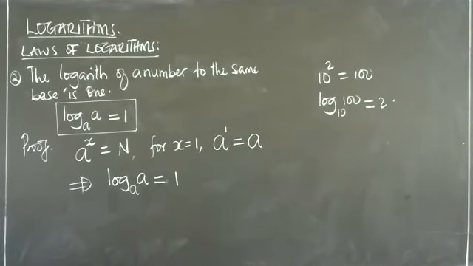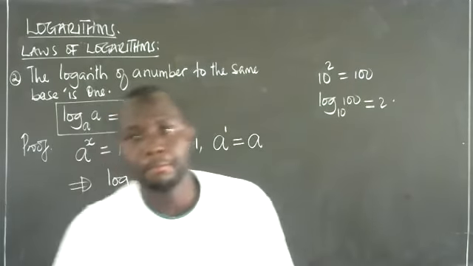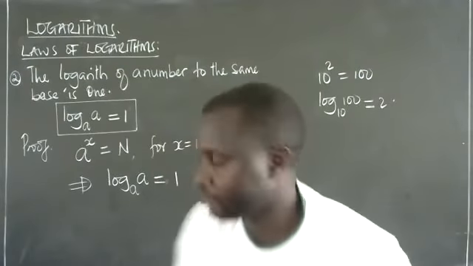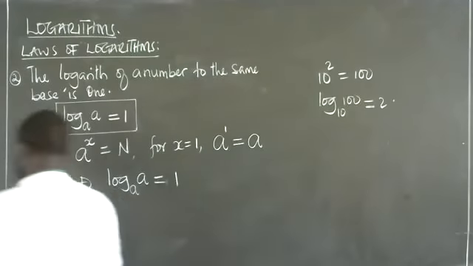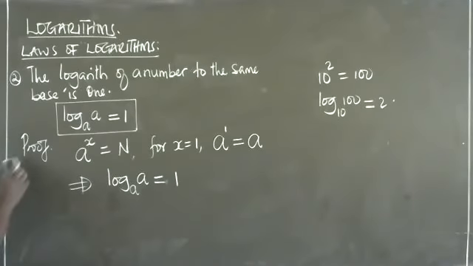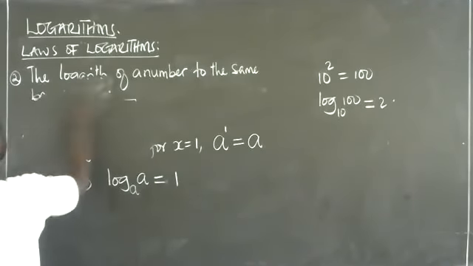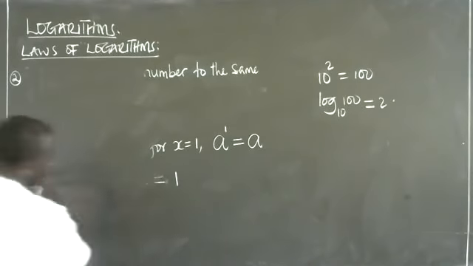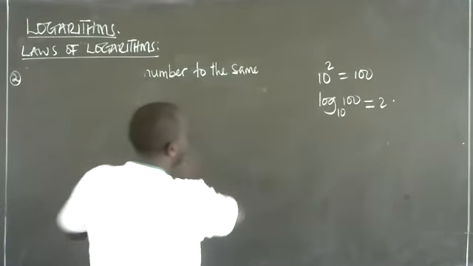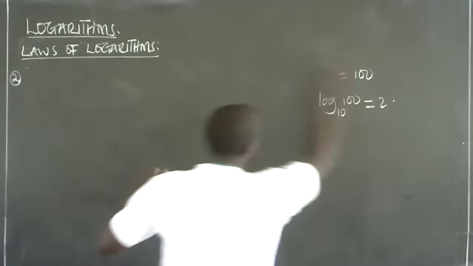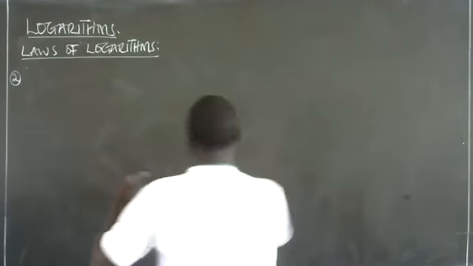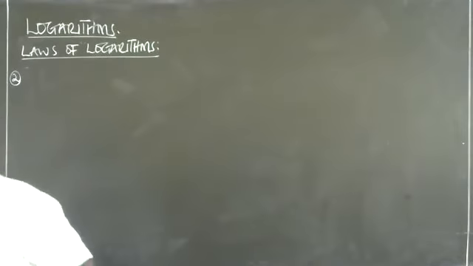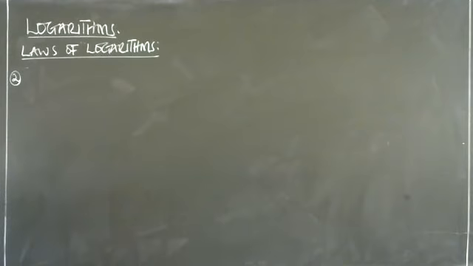We proceed. Yes. Law 3. It is important to understand these laws because, just like with the indices, no question is going to tell you to use the second law, the first law, or what.